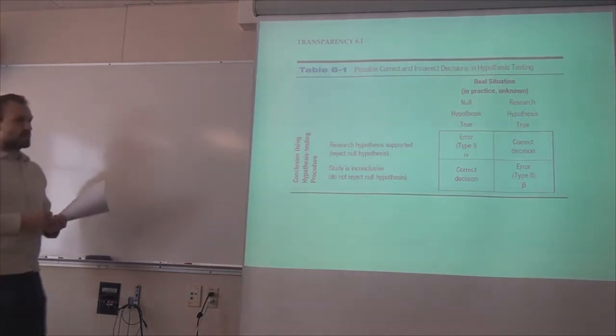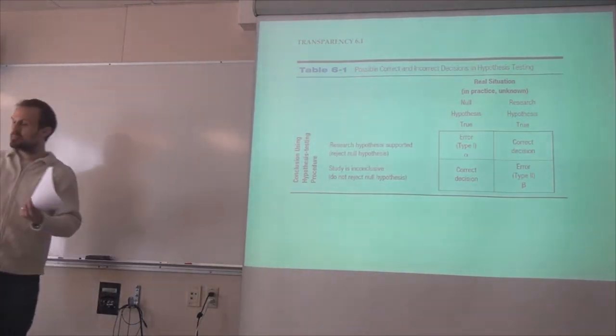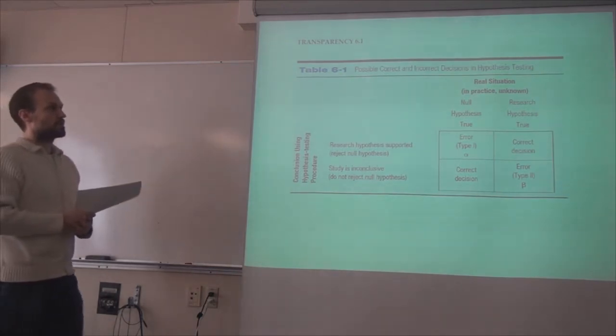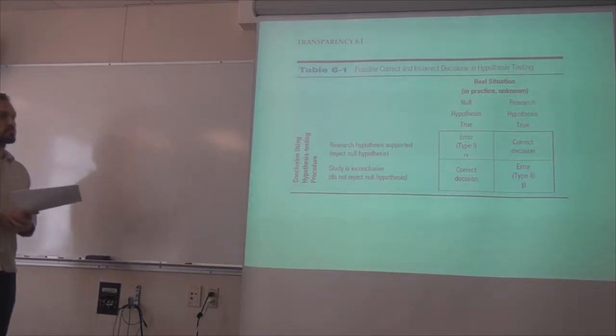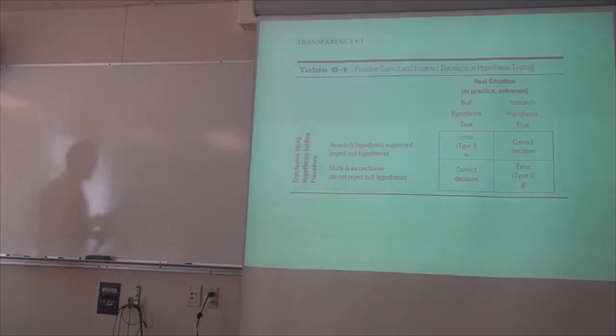With the hypothesis test, we're trying to make a conclusion based on our sample, but our sample could be a little off. We hope that it isn't, that it's representative, but the truth is it might not be. So what are the different things that could happen?